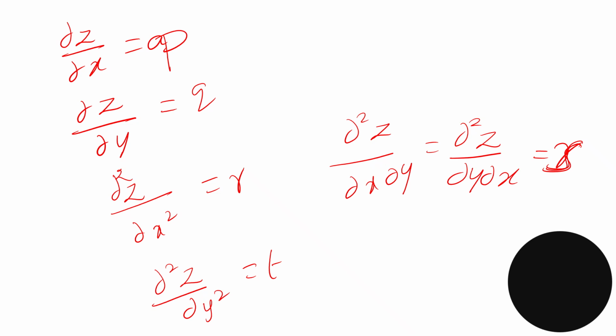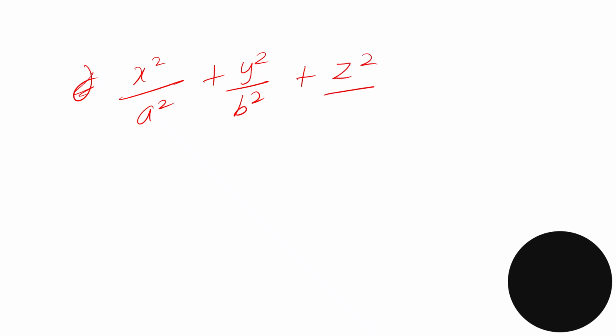Then, the case where the number of arbitrary constants is greater than the number of independent variables. So in the problem, x²/a² + y²/b² + z²/c² = 1.